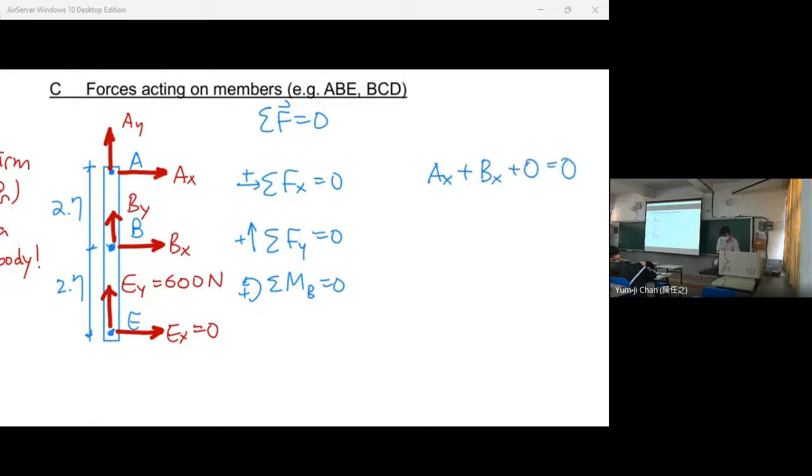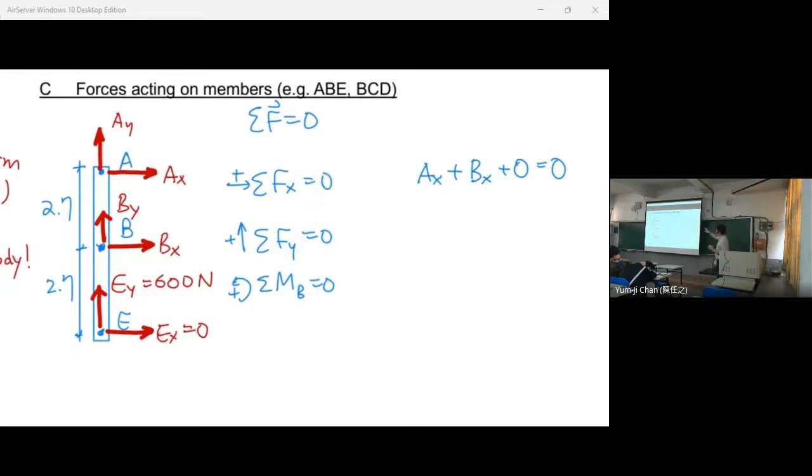Because Ex equal to 0. And the second equation is summation Fy equal to 0. We have 3 forces in the y direction. So we have Ay plus By plus 600 Newton equal to 0.